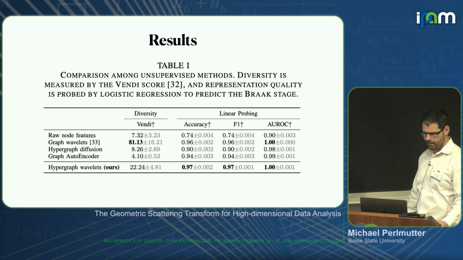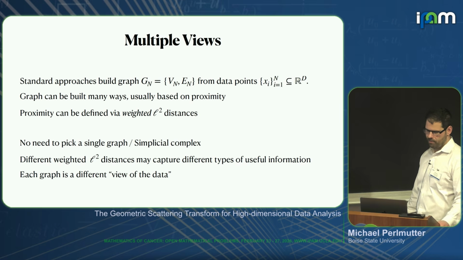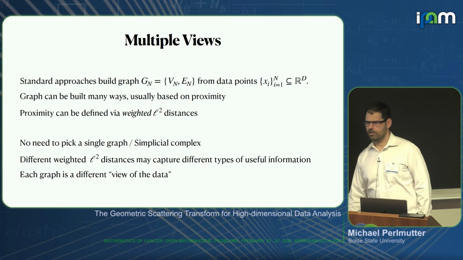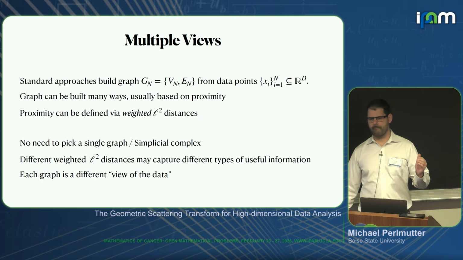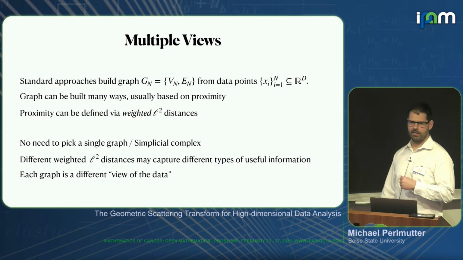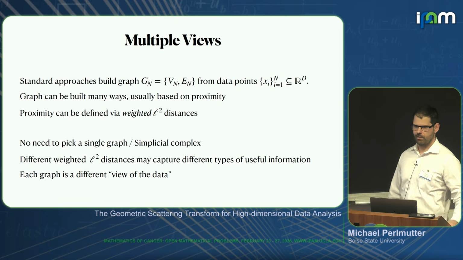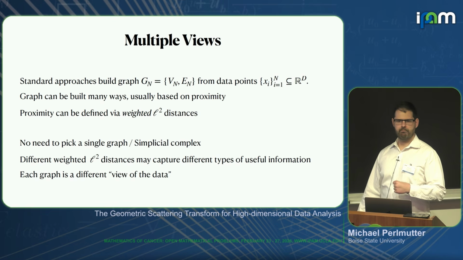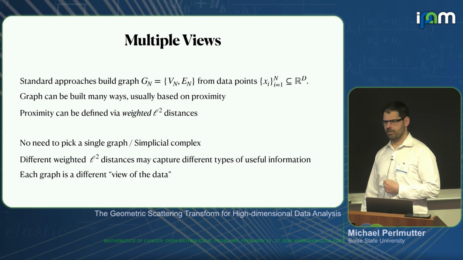We've also considered many different graph constructions, where what we do is we apply multiple different reweightings of the data before building the KNN graph or whatever graph construction you want to use. And you can think of each of these views as putting more weight on different features.